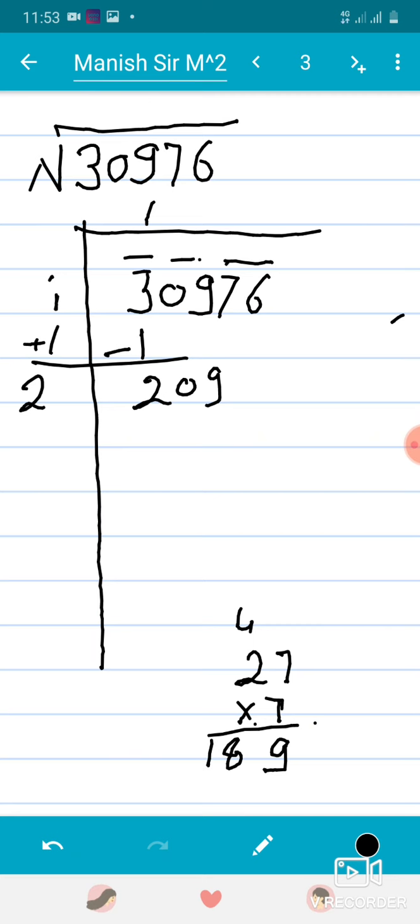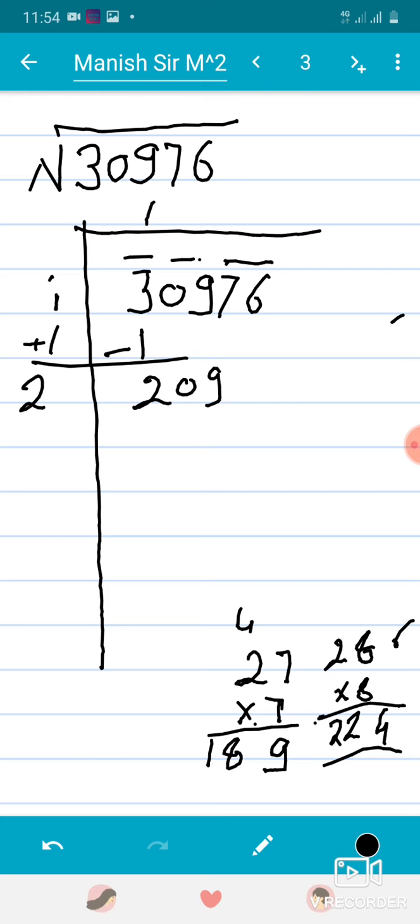Okay. Let us try some other number, 8. It becomes 28 multiplied with 8. 8 8s are 64, 4 carry over 6. 8 2s are 16, 16 plus 6 is 22. It means 224 becomes more than 209.